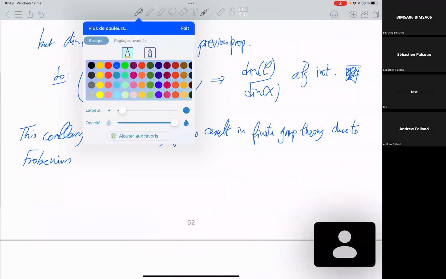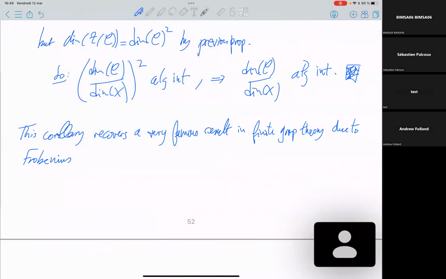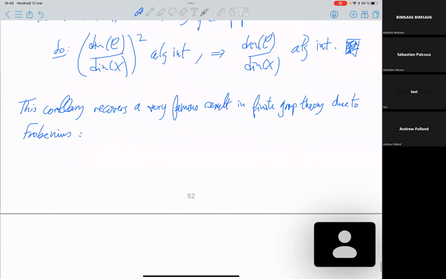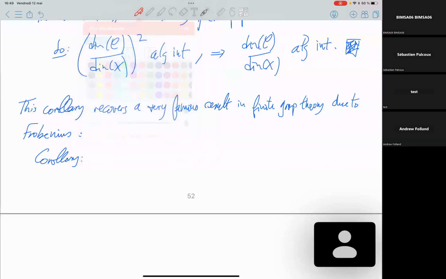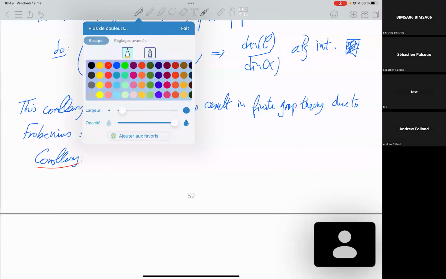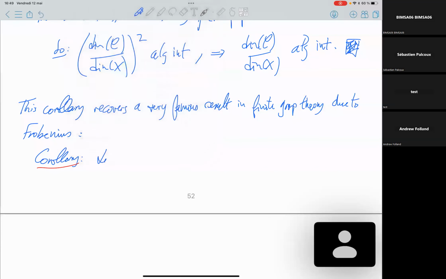So we recover a very famous result in finite group theory due to Frobenius. So Rep G is one Frobenius, which means that corollary, when you are over the complex field. Otherwise, it's not true. So let G be a finite group.